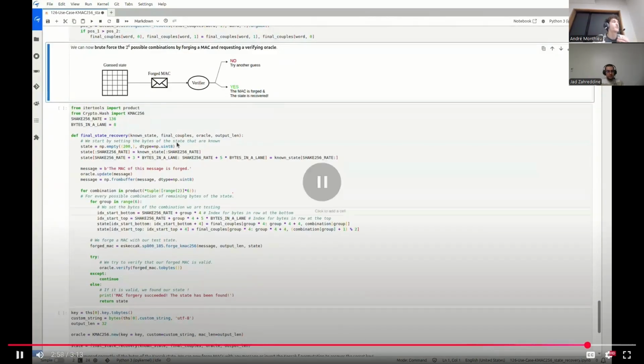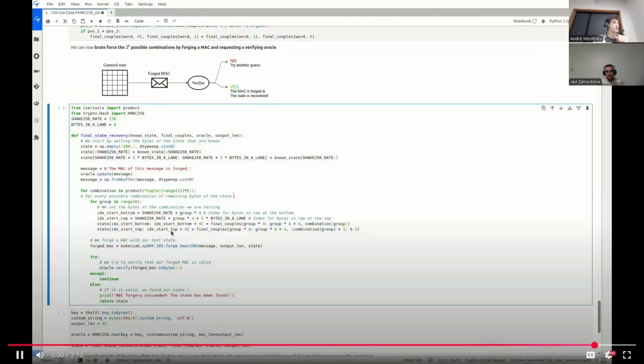So we have a little function here that basically does this. In that loop right here, we just compute the state using our guesses. Here we forge the MAC using our library, and there we request the verifying oracle.